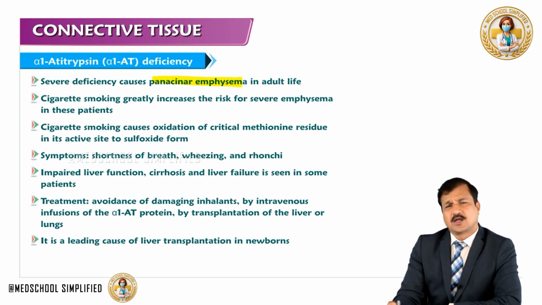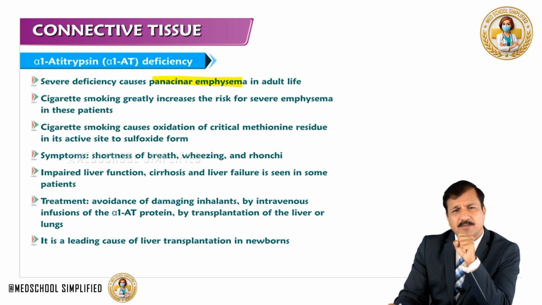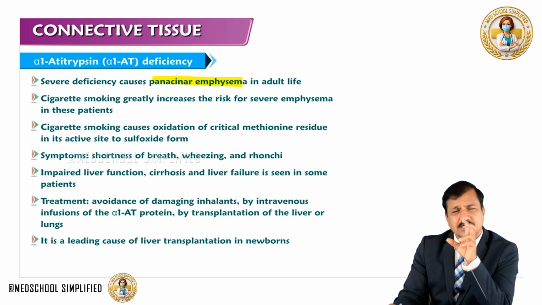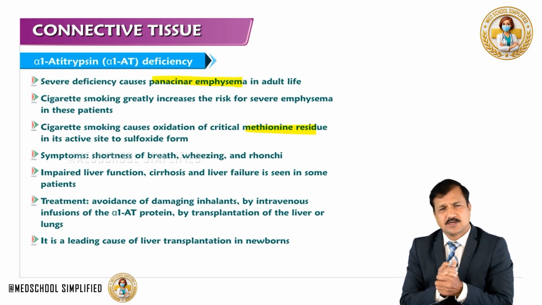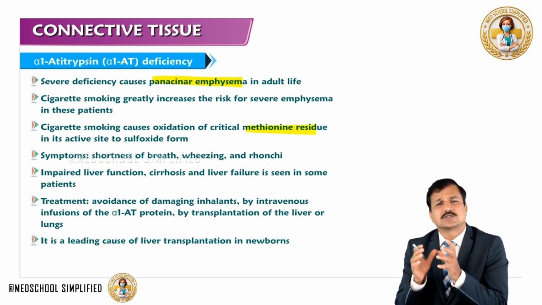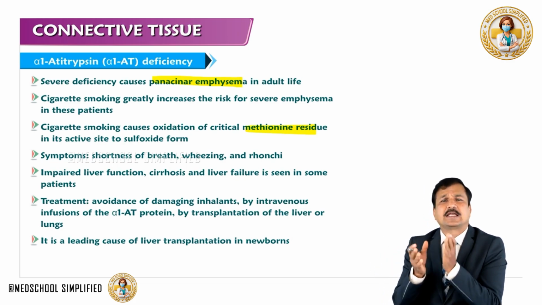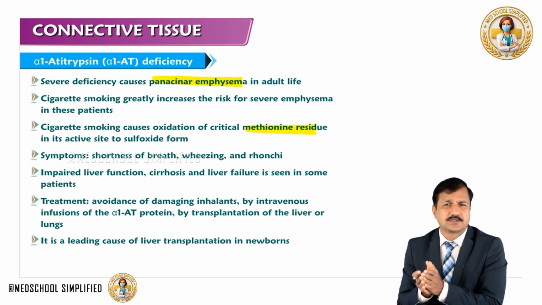Also note that cigarette smoking will greatly increase the risk of severe emphysema in these patients, because cigarette smoke has oxidants or free radicals which will oxidize a critical methionine residue in the active site of alpha-1 antitrypsin. The methionine is oxidized into its sulfoxide form, and the sulfoxide form of methionine will decrease its affinity for elastase enzyme, which is a substrate for alpha-1 antitrypsin.